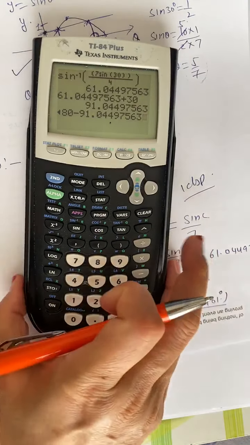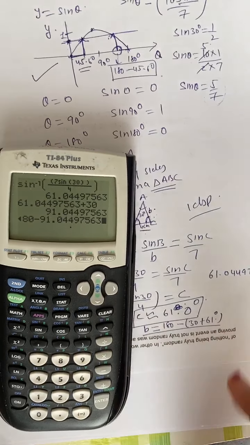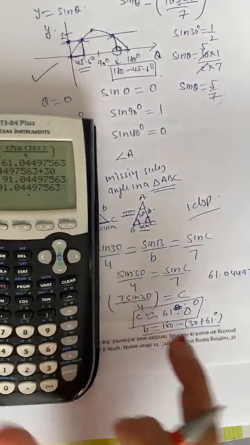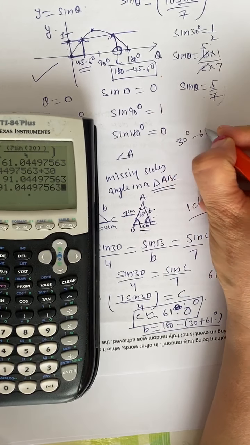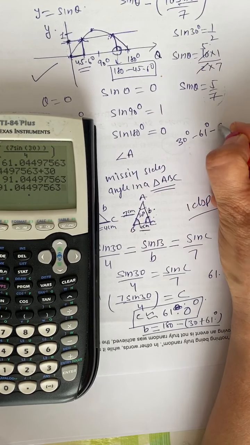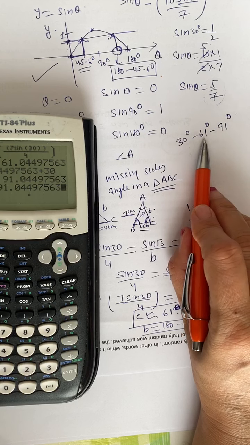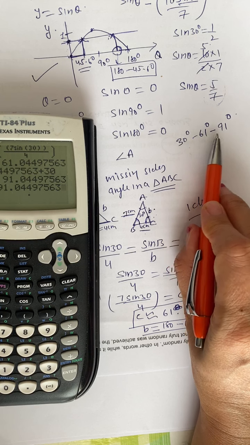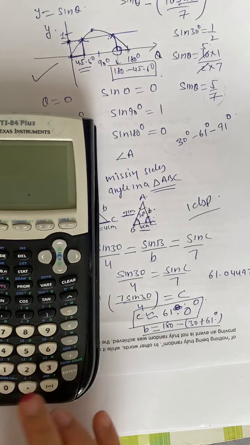So one possibility, so one triangle I got is angle 30 and then angle 61, and then I got 91 degrees. So how much is that? Okay, 91.